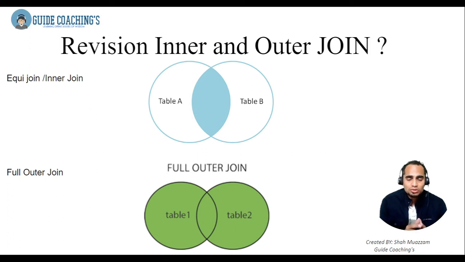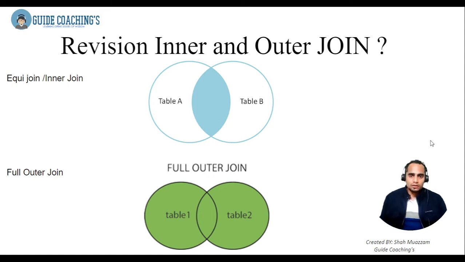Simply by joining both the tables we can get the values, but if we apply the outer join we will get the values from the first table and the values common to the second table, so that way it won't be repetitive.